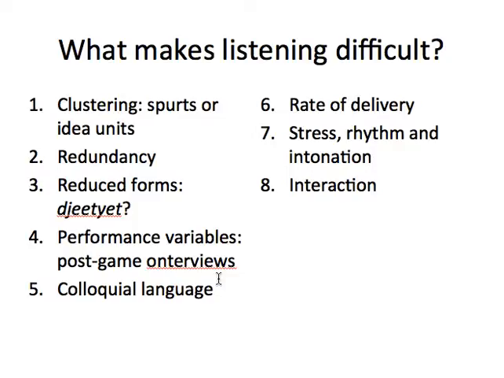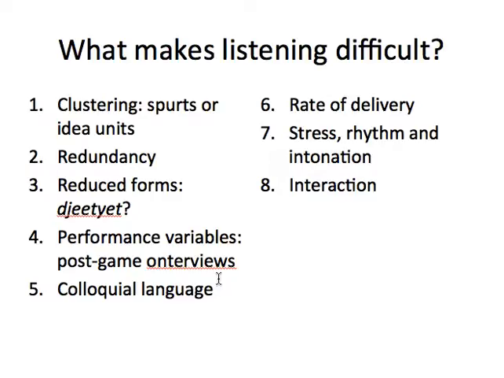Rate of delivery. What is difficult about the rate of delivery is that often it varies in a particular piece of authentic speaking. We have parts that are quite rapid and parts which are quite slow, and that's actually done for certain effects. If we distort language too much, in non-authentic language, if we slow it down too much, then we're not going to have the kinds of things that are happening with reduced forms because of stress-timed language.